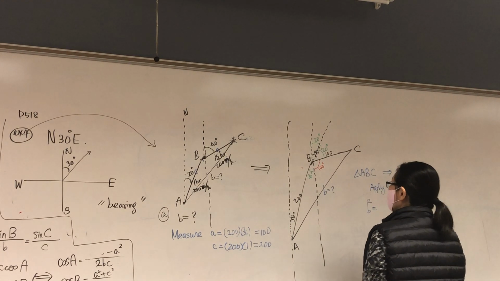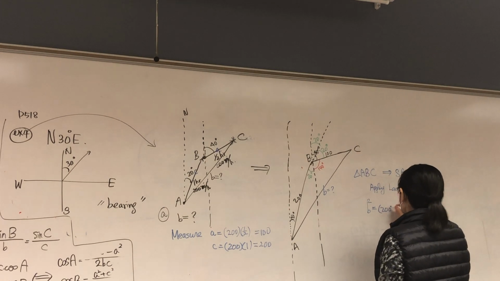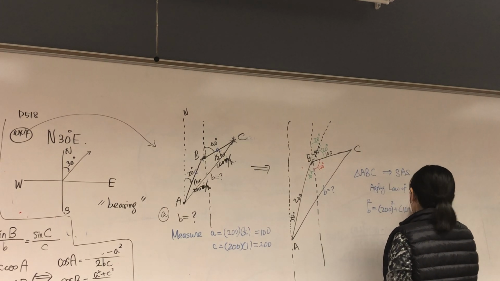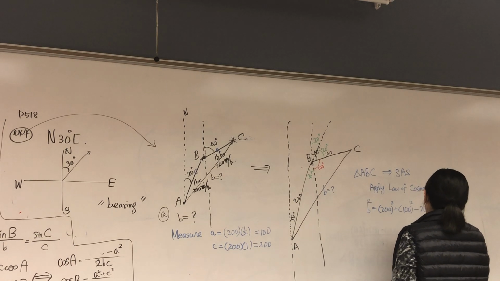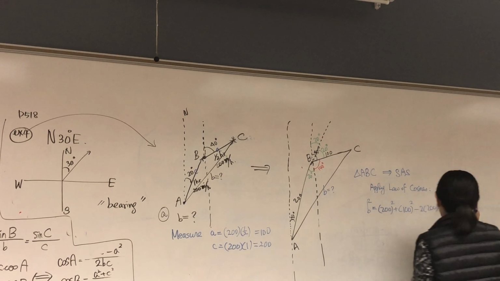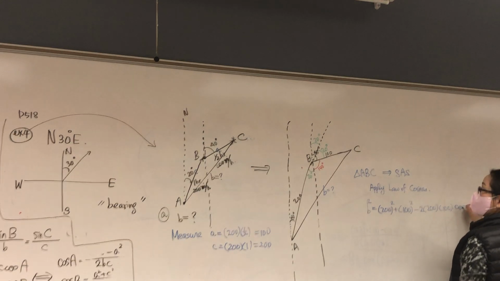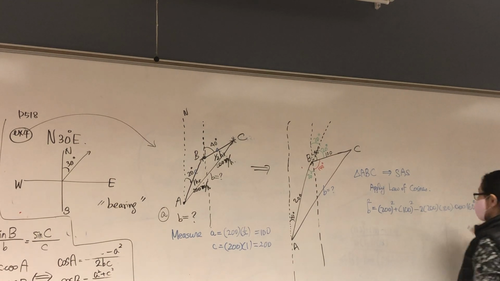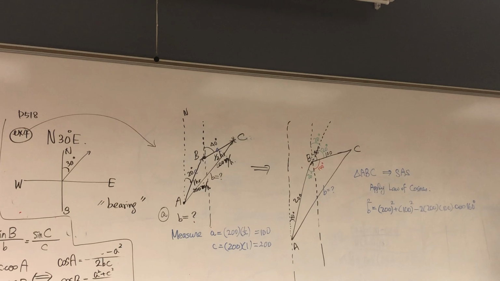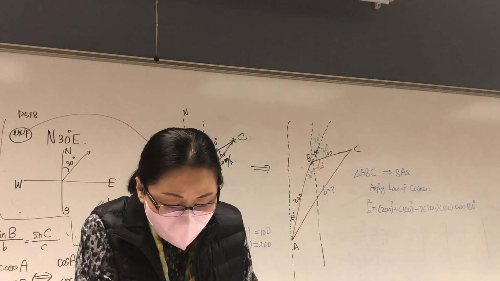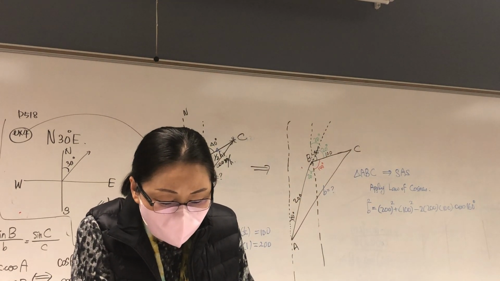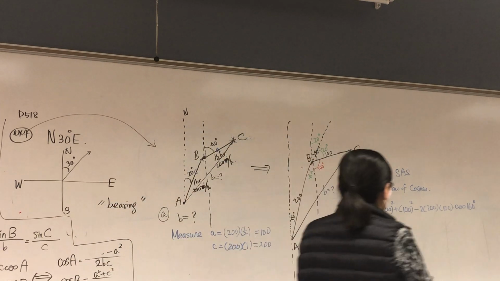B squared equals 200 squared plus 100 squared minus 2 times 200 times 100 times cosine 160, am I right? Go. What is it? I don't know. We do that. Oh, big number. 87,587.